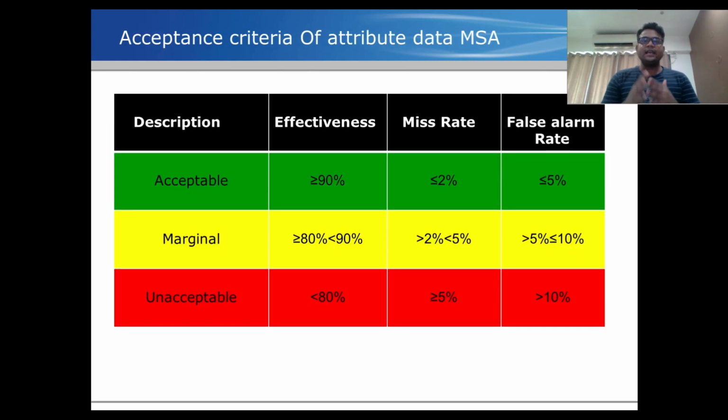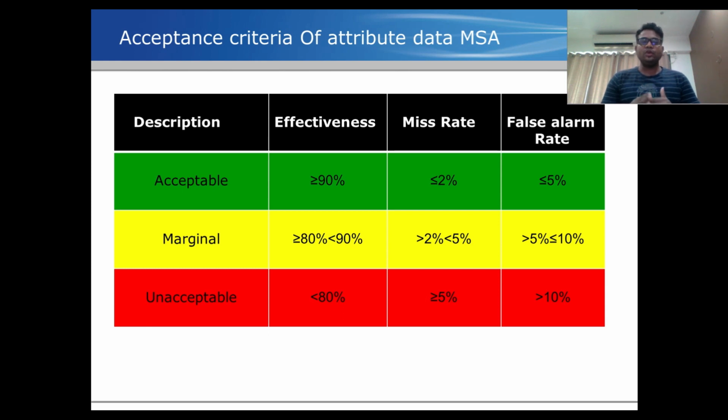So this is the MSA trust analysis. How will you analyze whether your MSA is acceptable, marginal or unacceptable? On the basis of effectiveness, the acceptable range is effectiveness greater than 90%. If your effectiveness is greater than or equal to 80% but less than 90%, it is marginal, meaning it is acceptable under some conditions.